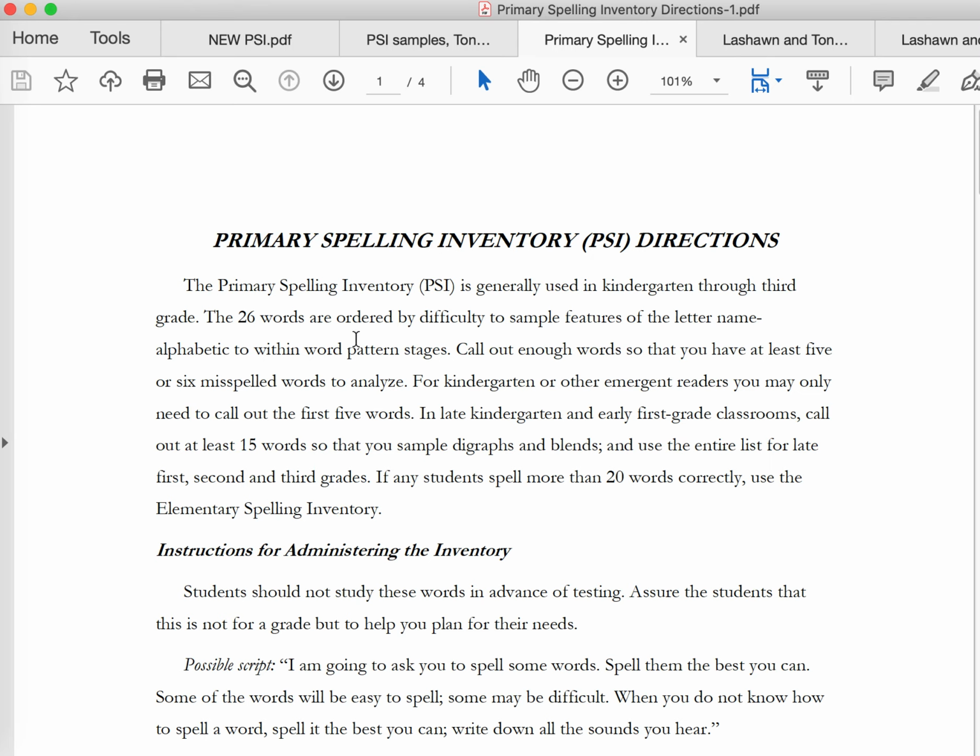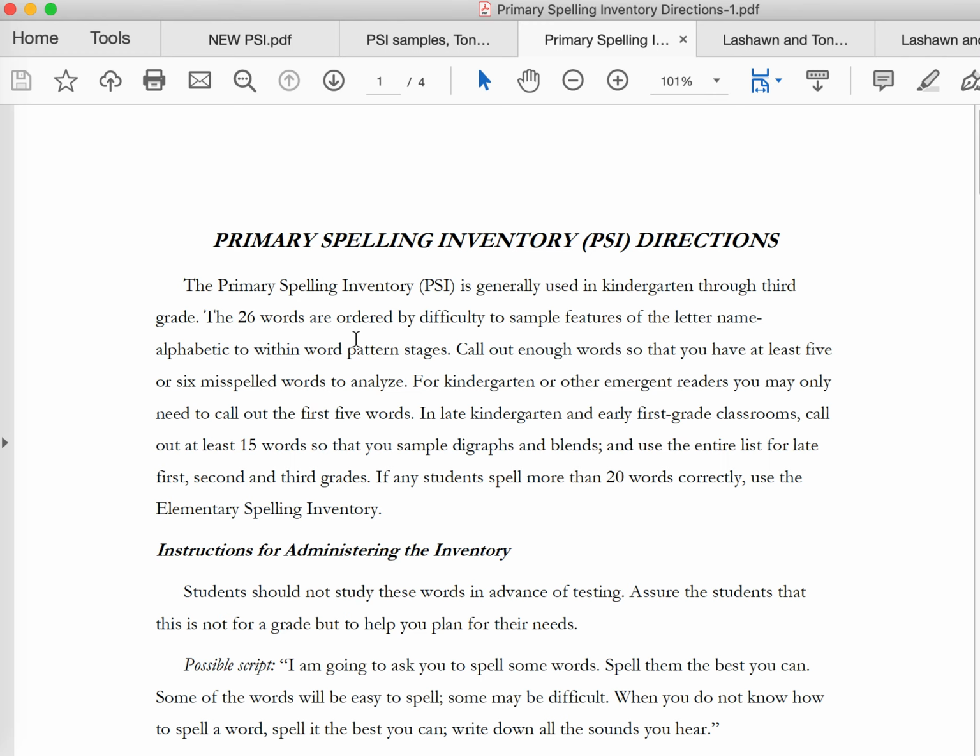So first, let's talk about the purpose of this spelling inventory assessment and what we hope to learn from it. Through studying and analyzing these two students' spelling, we hope to identify the following about their orthographic knowledge. We want to know what they already know, what they already understand, what specific spelling patterns they are using but confusing, and what they need to learn next.